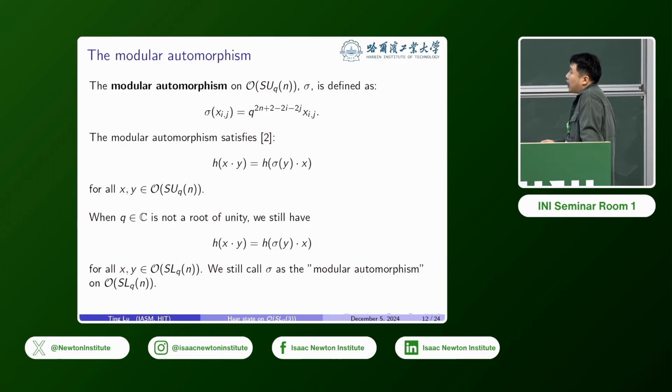Usually when we talk about modular automorphism, we require q to be real. However, if you release that requirement, and q is some complex number, it will still satisfy this crucial condition, although it may not be qualified to be called a modular automorphism anymore. But to keep consistent, I will just keep saying modular automorphism on OSL_q(n).